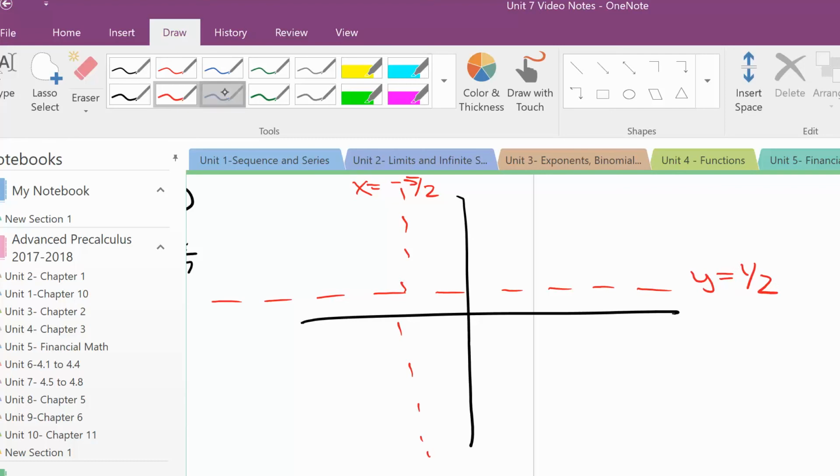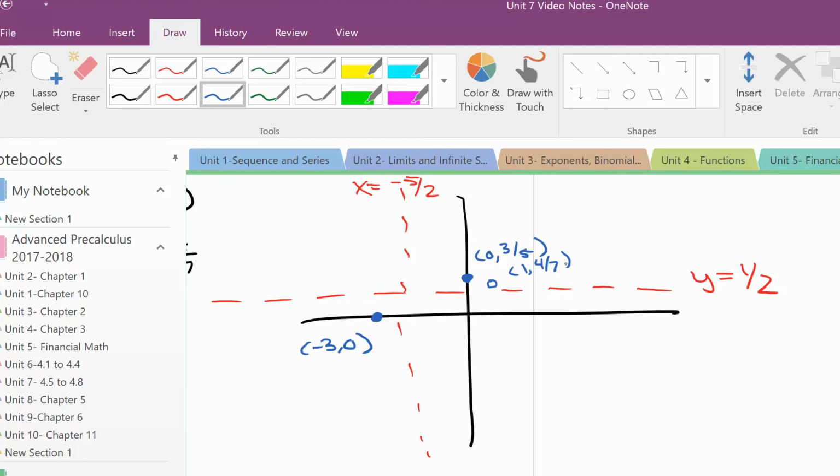Now we have our x-intercept at -3, 0. We have our y-intercept at 0, 3/5, and 3/5 is above 1/2. We have our removable discontinuity at 1 and 4/7, and 4/7 is between 3/5 and 1/2. So I'll put it there, 1 and 4/7.